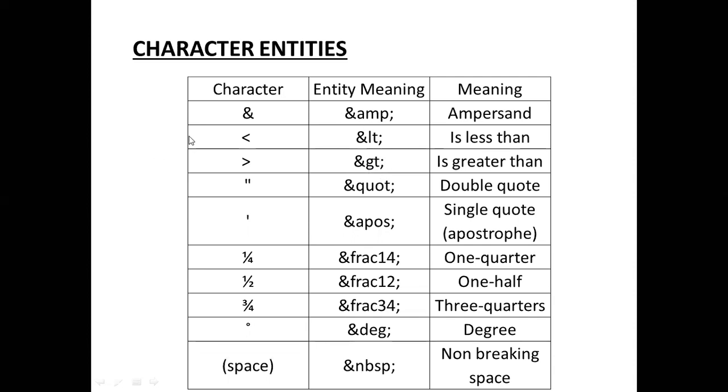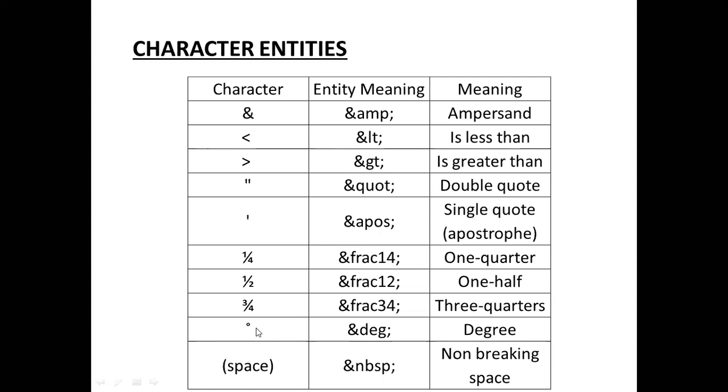Similarly, ampersand is written as ampersand AMP. That's it. Here are double quotations and apostrophe, and if you define 1/4 in HTML code, it is ampersand fraction 1/4, that is 1/4.